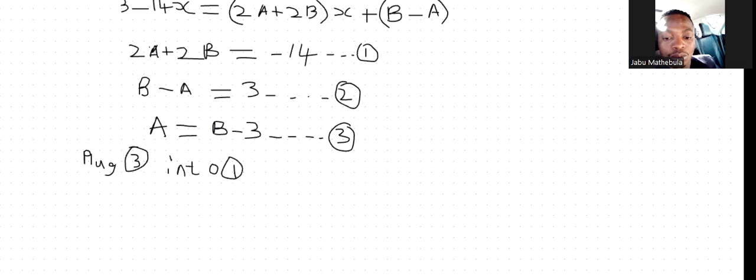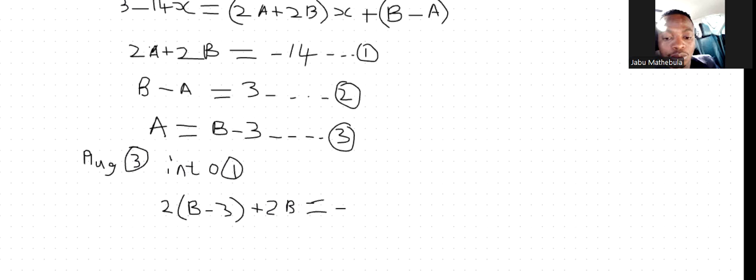So 2 times a, and we said that a is b minus 3, plus 2b is equal to negative 14.